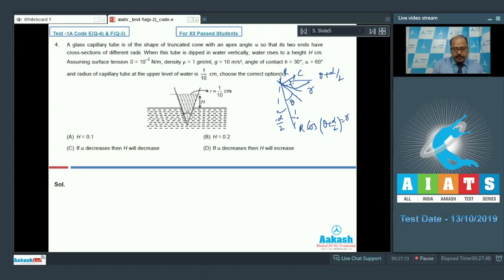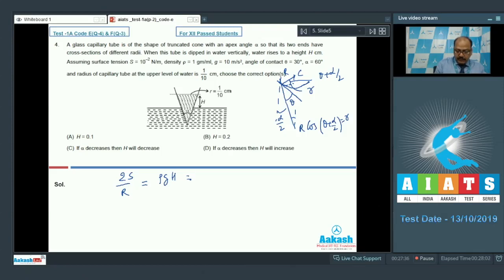Now let's consider the variation of pressure. The pressure decreases across a concave surface. So the decrease in pressure is 2S by R, and this is compensated by rho gh. So this is equal to rho gh.